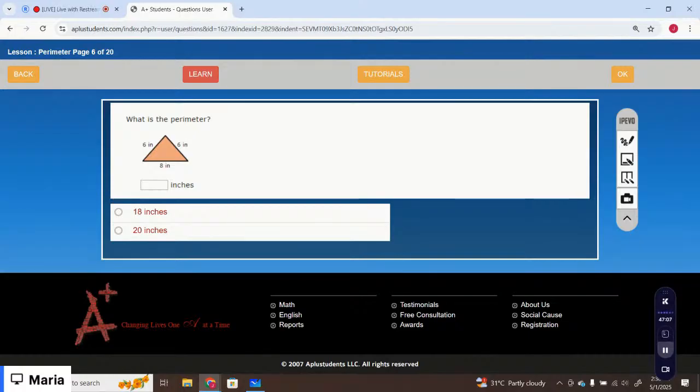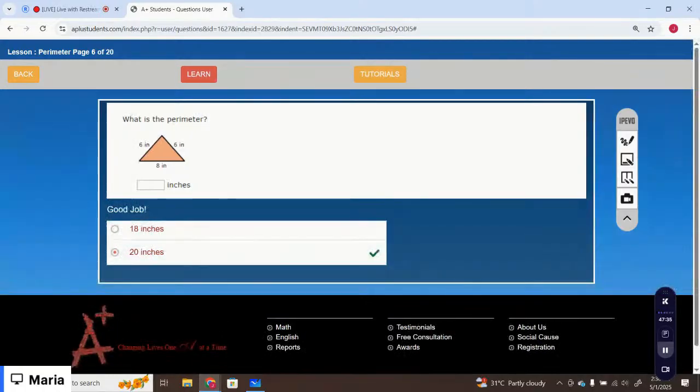Which is the correct option? 20 inches, option number 2 is the correct option. That is 20 inches.